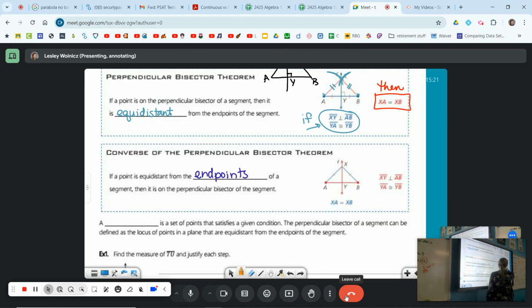I could have it going like this. I have to know that this is perpendicular here to be able to say that these two are congruent. So this piece of information is in the wrong spot. It needs to be here. Does everybody see what I'm saying? You need two pieces of information to conclude the third. So you have to know that there's perpendicular and that something is congruent to be able to say the other pieces are congruent.